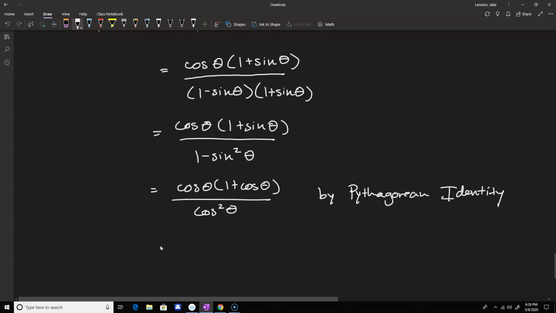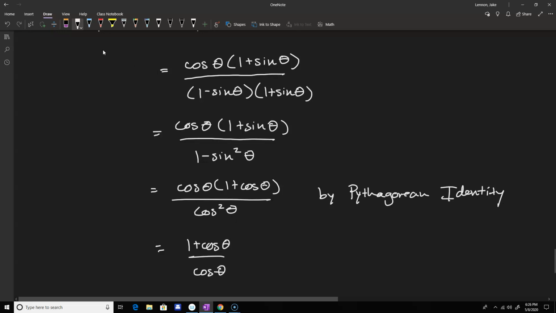So now cosine theta over cosine squared theta, we can cancel one factor of cosine theta and write this as 1 over cosine theta times the quantity.